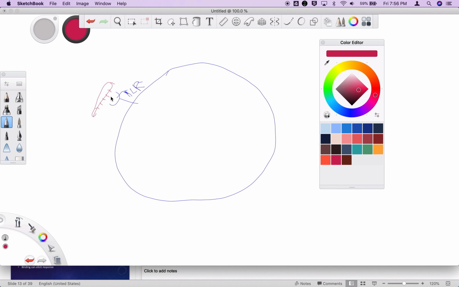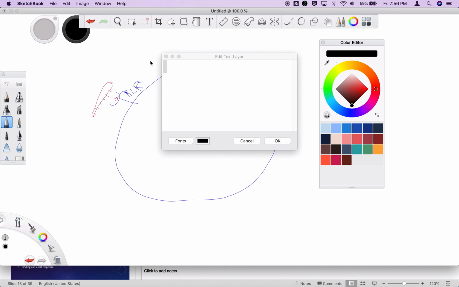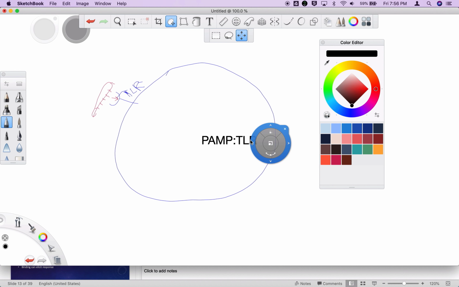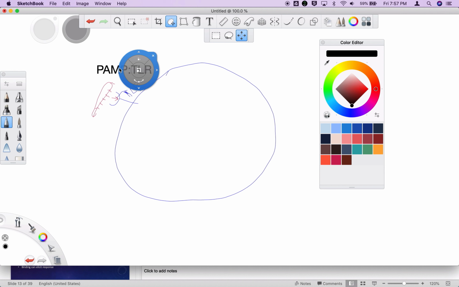And when that bacteria binds to the toll-like receptor, PAMP binds to TLR right here. This binding then will trigger the engulfment of this whole complex.